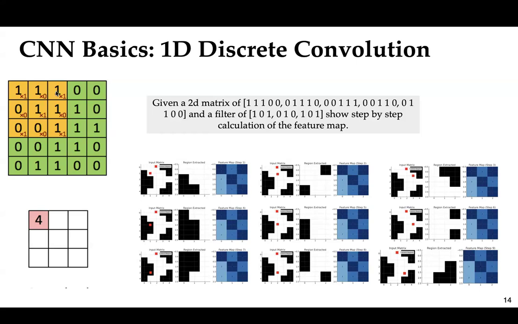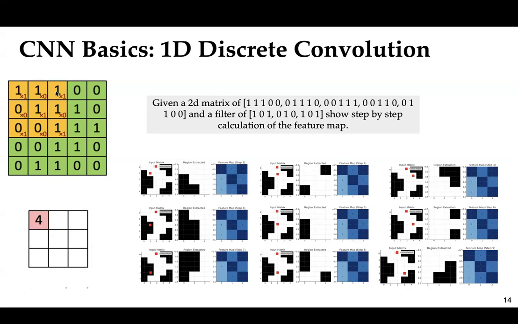In the case of 1D, starting from the beginning, I bring my filter of size 3 and put it on top of my input feature, multiply pairwise, the first with the first, the second with the second, the third with the third, and then sum the outputs. Then I move my filter to the next place and do the same, and so forth.